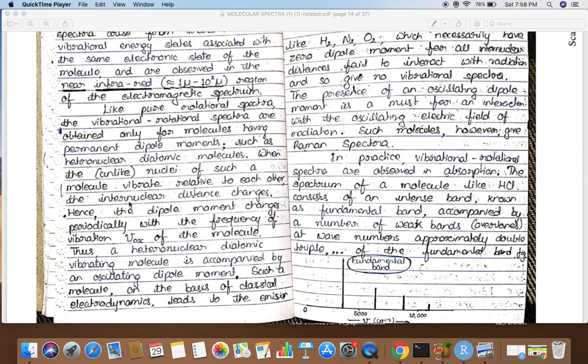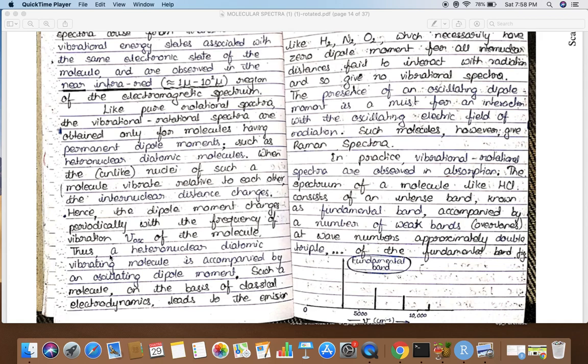So in this case, once we have a diatomic molecule, the respective atoms are vibrating with respect to their equilibrium positions. Due to these oscillations, there is a change in their energy levels. So, the dipole moment changes periodically with the frequency of vibration.